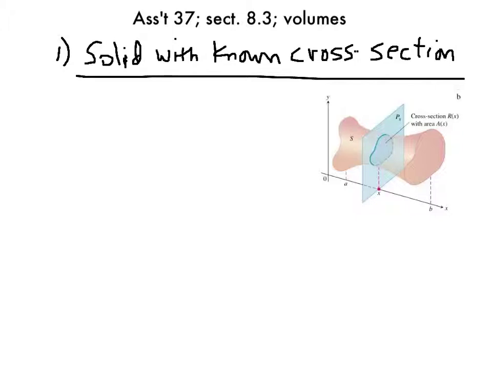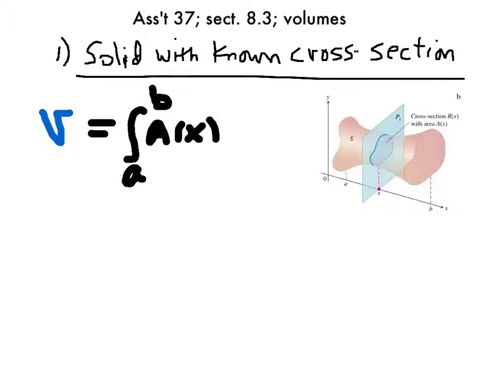And so if we want the volume of this, all we do is just integrate this from a to b of A of x dx, because dx will simply give us a little bit of thickness and that'll create a volume. So that's pretty simple. Let's look at an example.